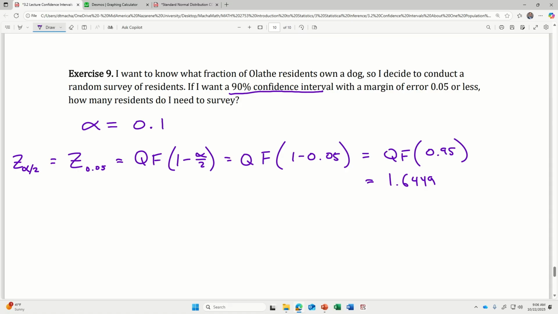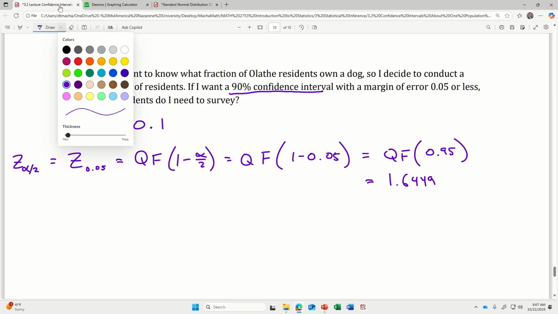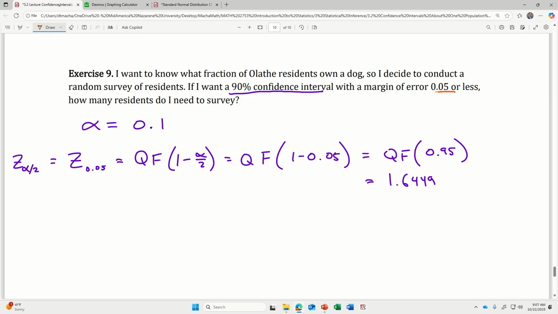Okay, so we got level of confidence, level of significance, critical value. The next step is to decide how much margin of error that I want to have. And so let's say I want my margin of error to be 0.05. Now I'm ready to calculate my sample size. And in exercise 9, there is no mention of any kind of pilot study.